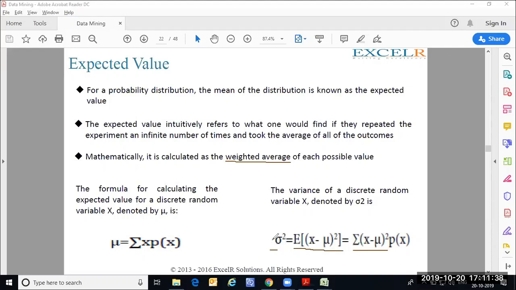We'll talk more about these weighted averages when we discuss time series forecast. Clear?